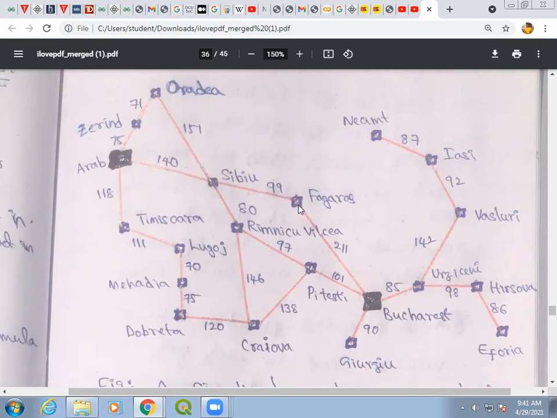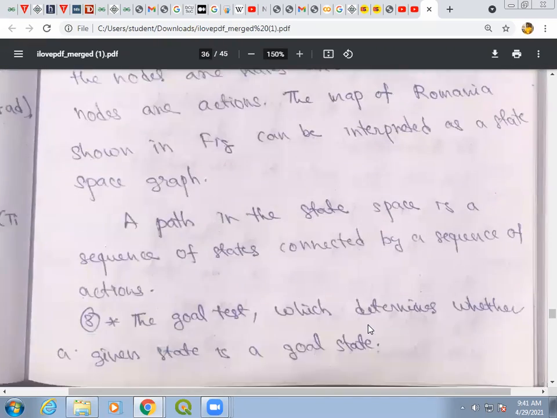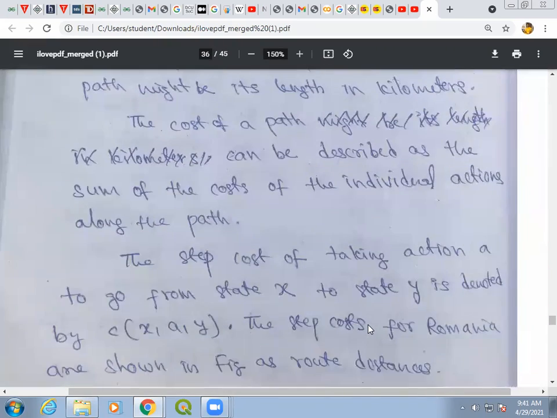If it is taking this path, the path cost will be the sum of the individual costs here. If it is taking another path, it is also the sum of the individual costs. The path cost is the sum of the cost of individual actions along the path.